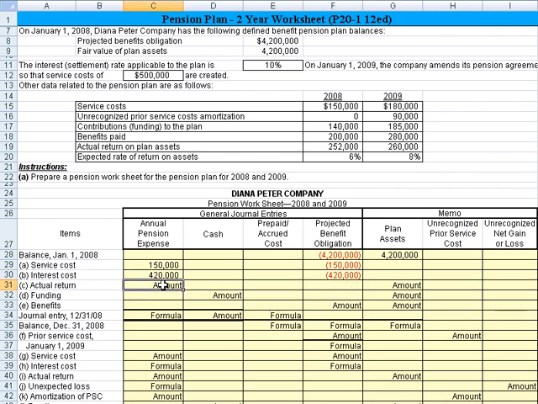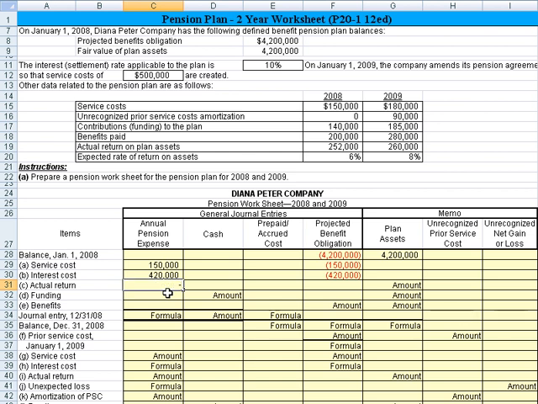All right, now the actual return, they tell us is $252,000. So now the actual return is a decrease in our pension expense, right? It's income.